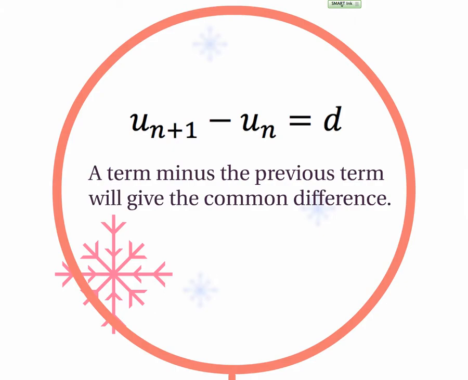So all this is saying is that a term minus the previous term will give the common difference. I don't know that you really need to memorize this formula, go ahead and write it down, but basically you take a number, you minus the number that came before it. And that's where that word difference comes from, because we're subtracting to find what that is. So if you've got a list of numbers, you can find the common difference by taking a number and subtracting the number that came before it.